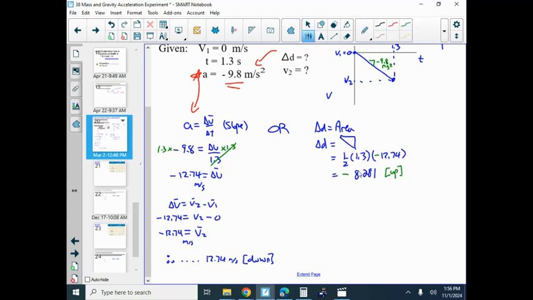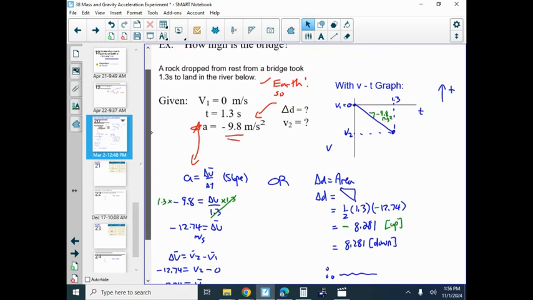In other words, you might say 8.281 down. That's why I kind of shy away from just saying, yeah, you have to put in the negative there and so on. It's better to think about the reality of the situation, I think. It's a little less awkward, really, right? So therefore, the displacement would be 8.281 meters down, okay?